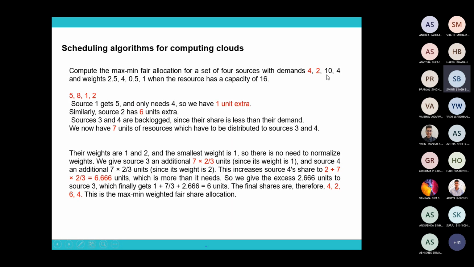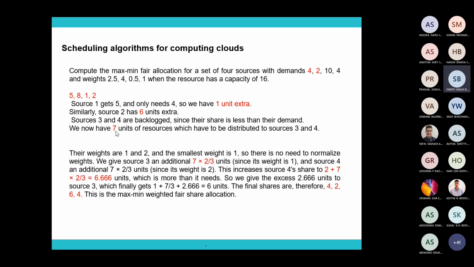No. See here. First you have this 5812. It is clear, right? Yes, sir. Then after that, source 1 will have 1 extra, and source 2 will have 6 extra.